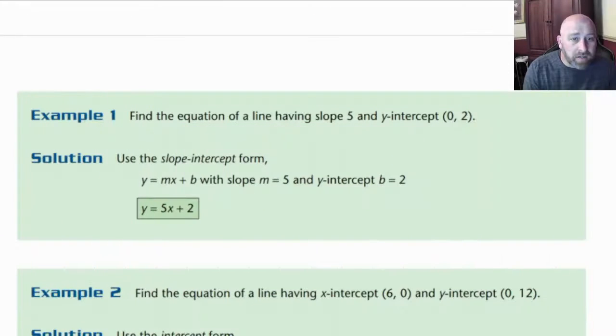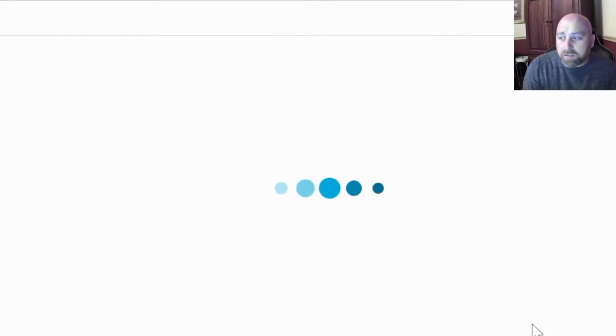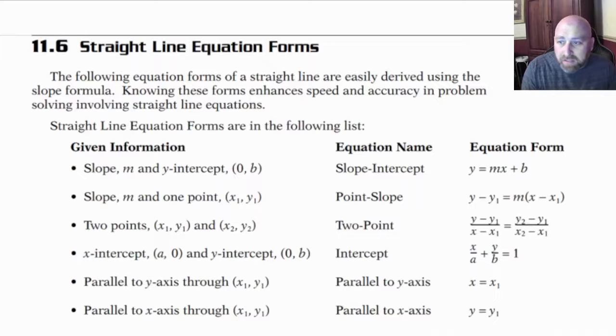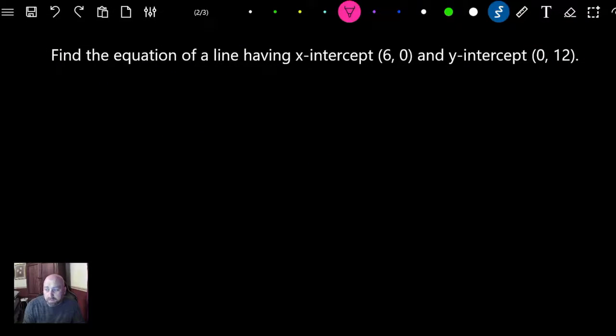So let's go back to our book, and look back on page 217, and see what we can find out about intercept form. This is the one where it's basically like standard form, except we need to get the constant to be a 1. So let's plug in the information we have to the formula. Basically we want x over a plus y over b equals 1.